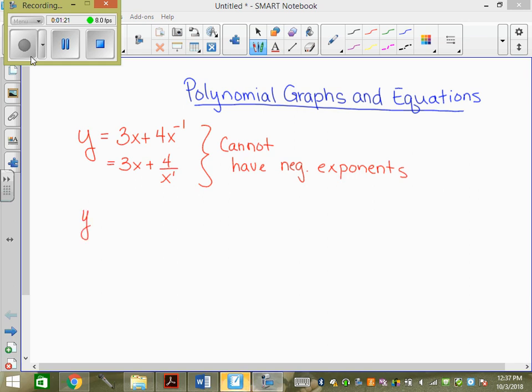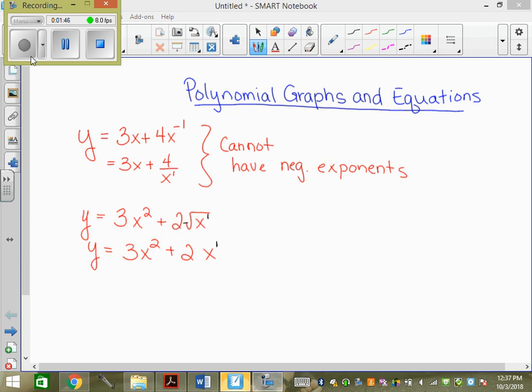What if I give you y equals 3x squared plus 2 root x? Root x is actually the same, from grade 10, as x to the exponent this one has, a 1. What's in my index?